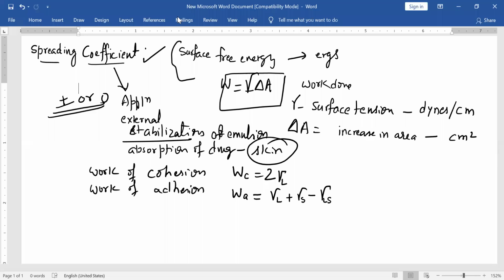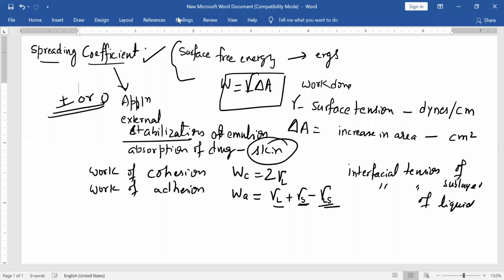Here delta S is interfacial tension of sublayer, or L is interfacial tension of liquid interface. ठीक है? And what is LS?